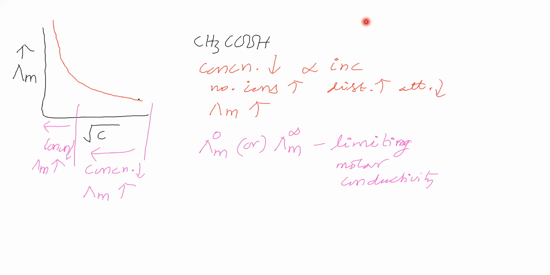It will not cut the y-axis, so extrapolation is not possible. Extrapolation will not give concentration 0. So limiting molar conductivity of weak electrolytes we cannot get from a graph.